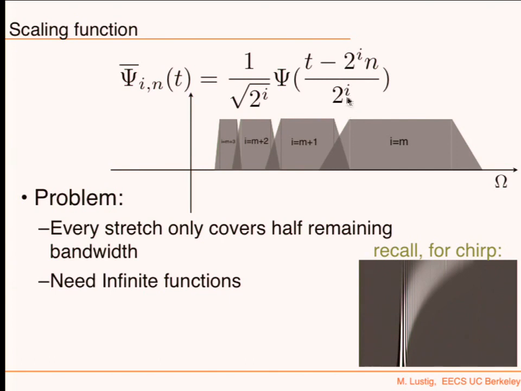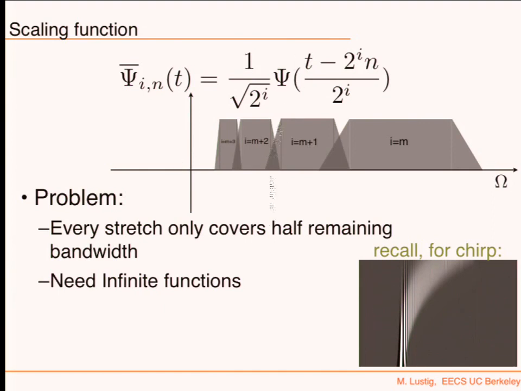Now the problem is that if you think about, let's say, s equal 1, which is I equal 0, basically the finest scale, those represent a certain part of a bandpass. As I increase the scale, effectively what I'm doing is I'm separating the space into high frequency and low frequency.